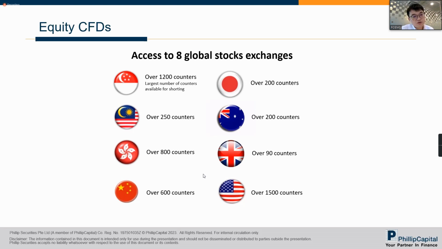Hong Kong, about 800 counters. And for China, about 600 counters. For Japan, about 200 counters. And for Australia, we have 200 counters as well. For the UK, about 90 counters. And for the US, we also have quite a lot, over 1,500 counters.